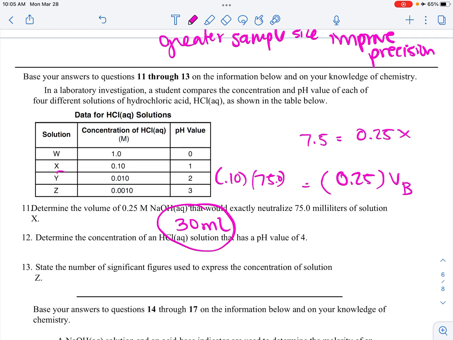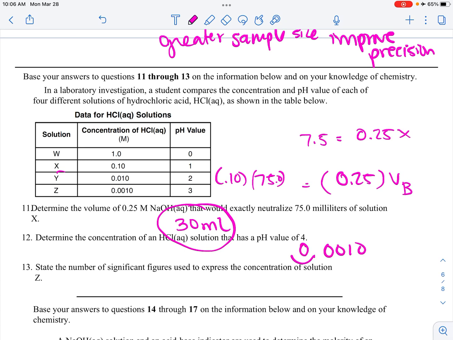Determine the concentration. Hold on a second. Bless me. Determine the concentration of an HCl solution that has a pH value of 4. Okay, so look. We have a 0, 1, 2, and 3. Every time we get a bigger pH value, we're going to move our decimal place one more spot to the left. So pH value of 4, this is a 3.